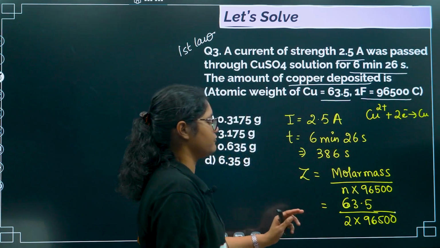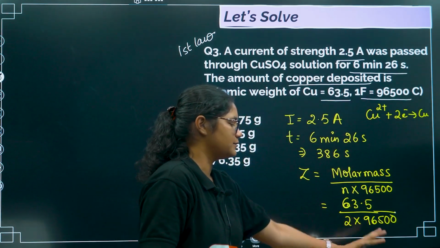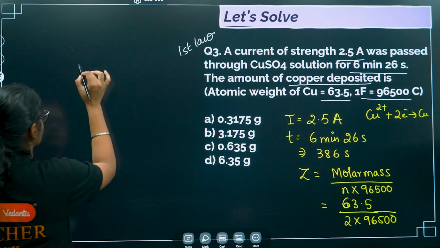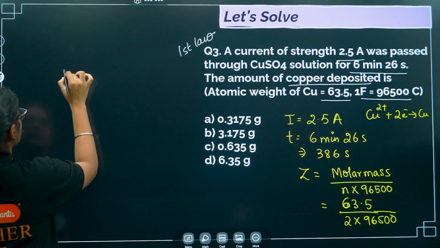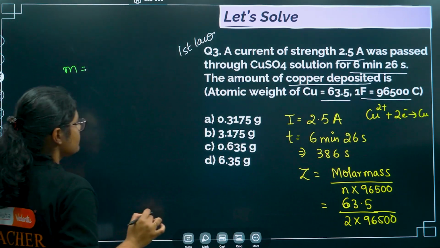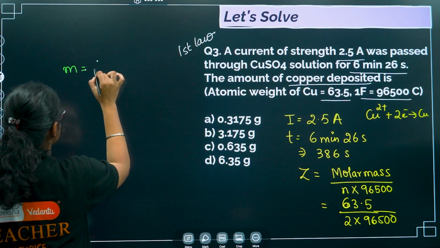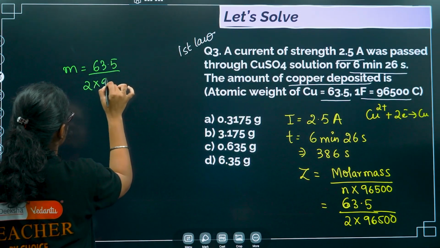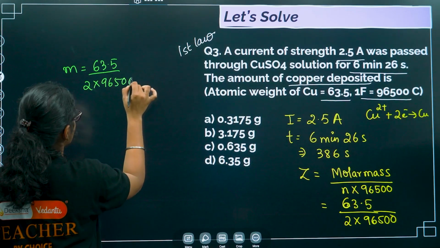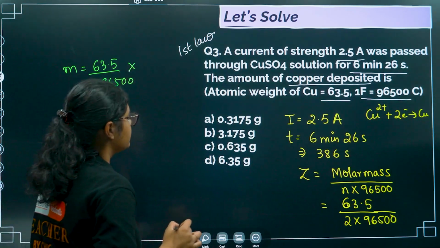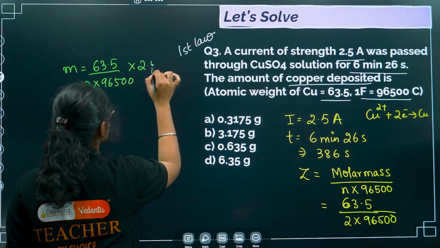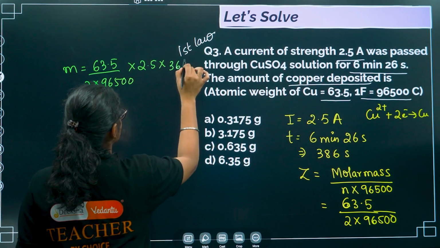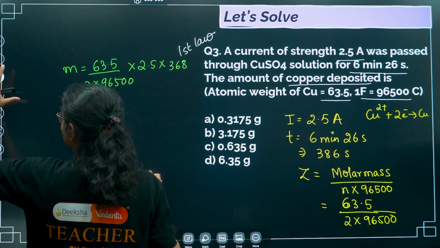Now if you want to calculate the mass deposited, M will be equal to Z, that is 63.5 divided by 2 into 96500, into current here, 2.5, and then time here is 386 seconds.